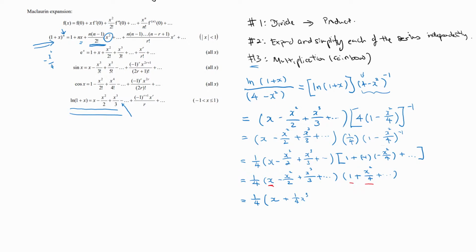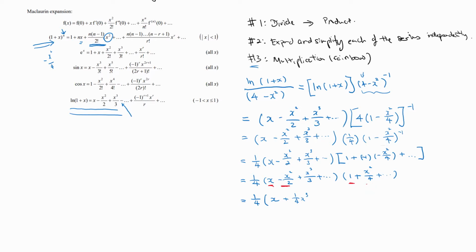And then after that, we move on to the next term in the first series, which is minus x squared over 2. We're going to multiply that again to the terms in the second series. But you realize that in this case, all we need to do is multiply it to the first one. We don't need the second one, because x squared times x squared gives me x to the power of 4.